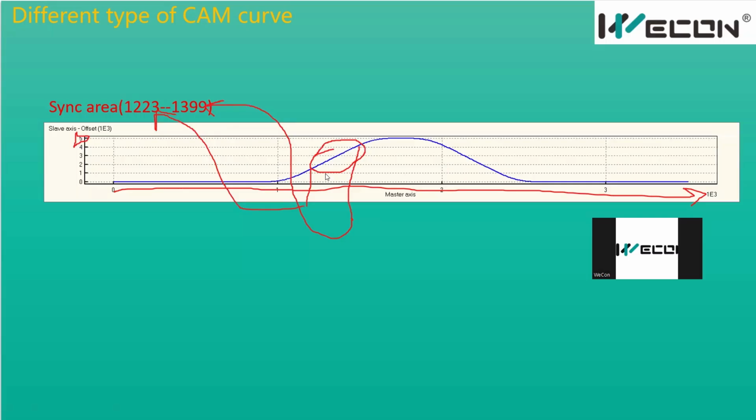Our sync area is about this patch, 1,000 to 1,200 and 1,400. So when the master achieves this segment, here the speed of our slave is the same as the master.